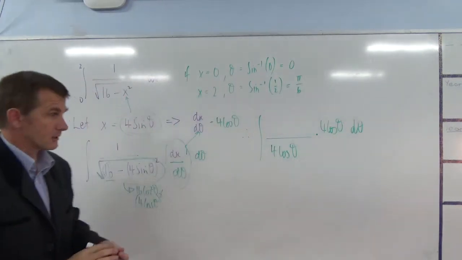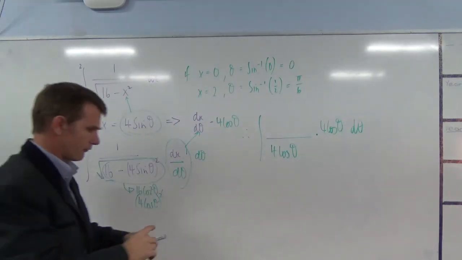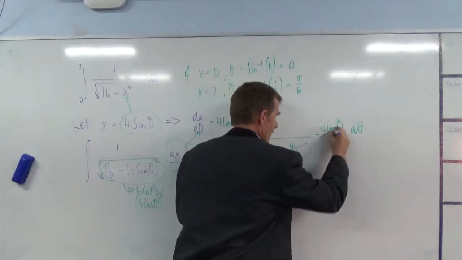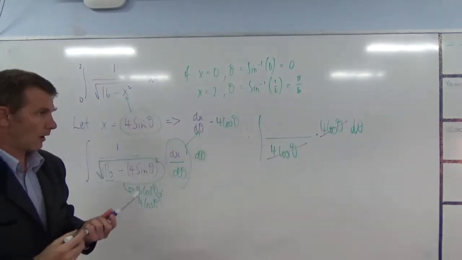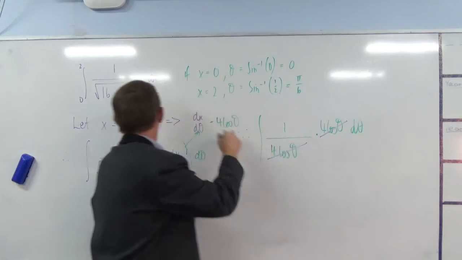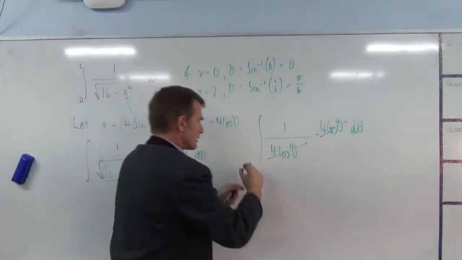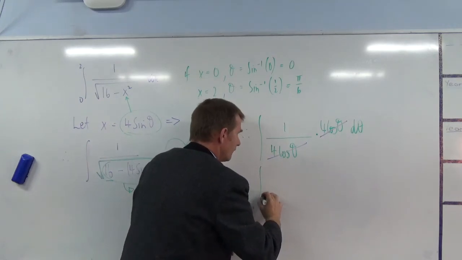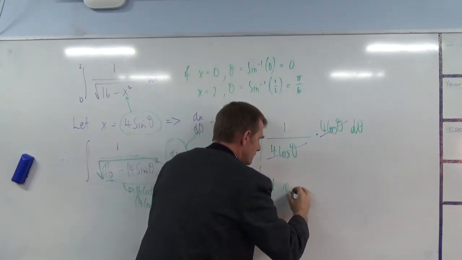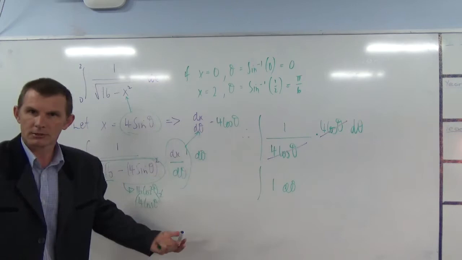And hopefully you can see, isn't that just going to cancel? Well, of course it is. That's going to cancel with that. I would have really had a 1 left on the top line here, from way back over here. So isn't this really now just the integral of 1 d theta? That's all I've got left.